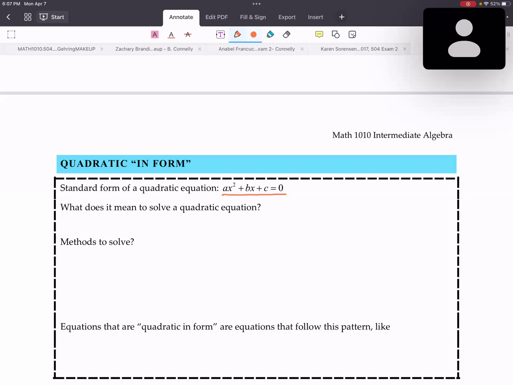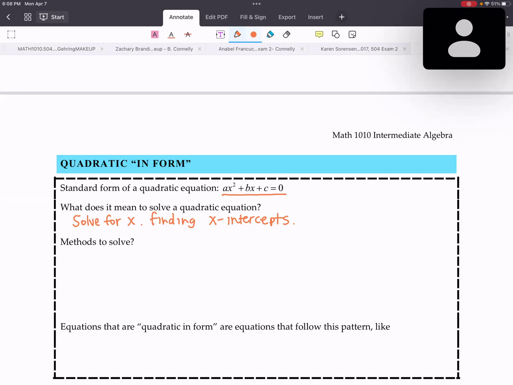Solving a quadratic equation means you're solving for x, which means you're finding the x-intercepts. So we can end up with imaginary solutions because parabolas aren't always going to cross the x-axis.